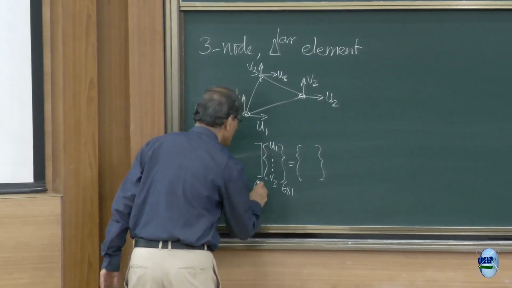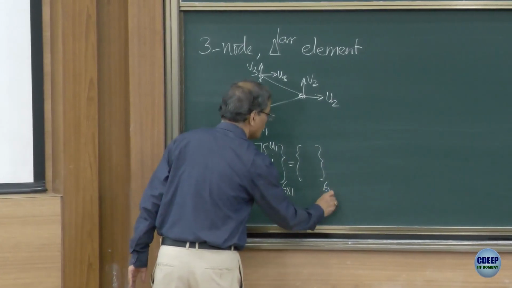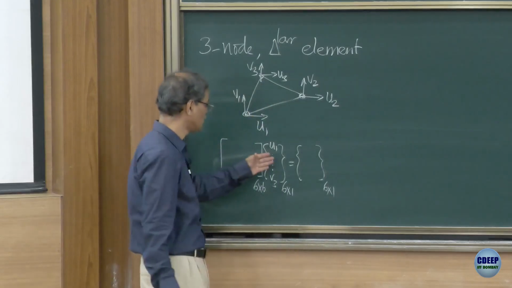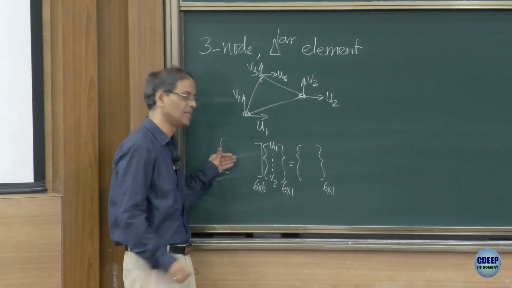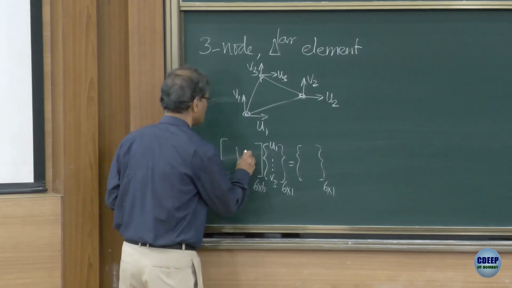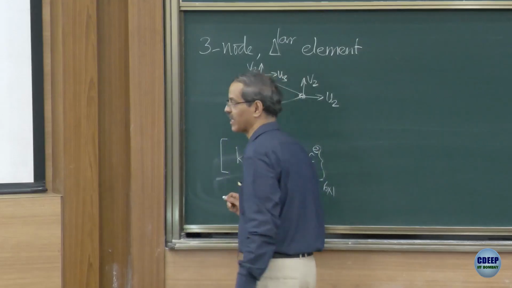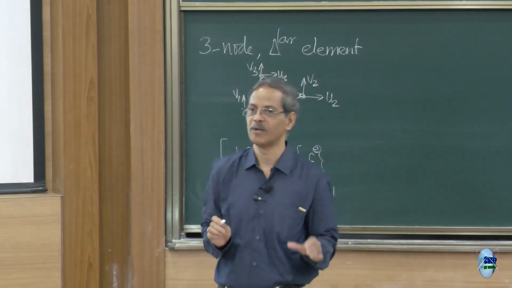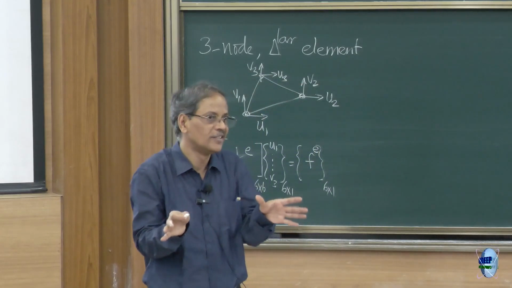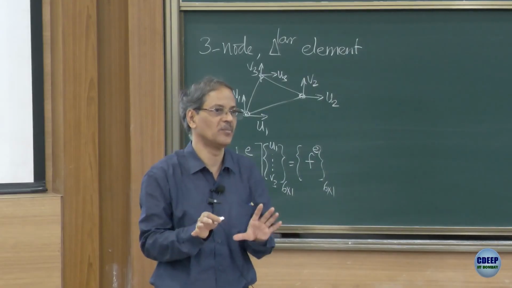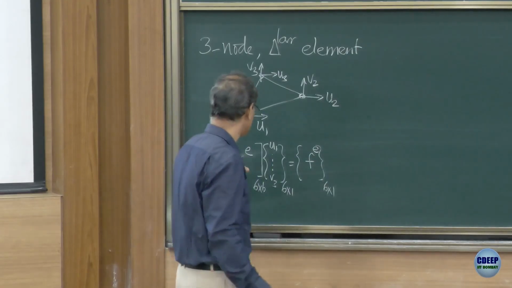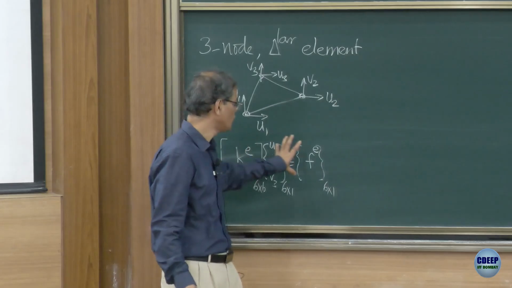So, therefore, this should be a 6 by 6, 6 comma 1. Since these are displacements, what is multiplying them, we would call it as the element stiffness matrix, and this we would call as the element force vector. Okay. So, my discussion right now is going to be towards estimating what is on the left hand side, what is going to be in the right hand side.